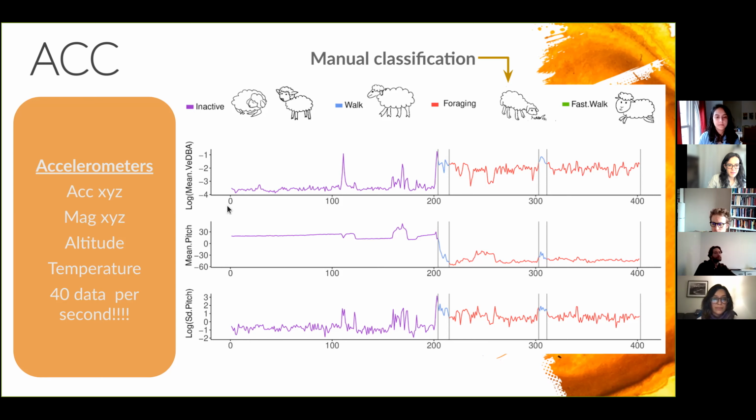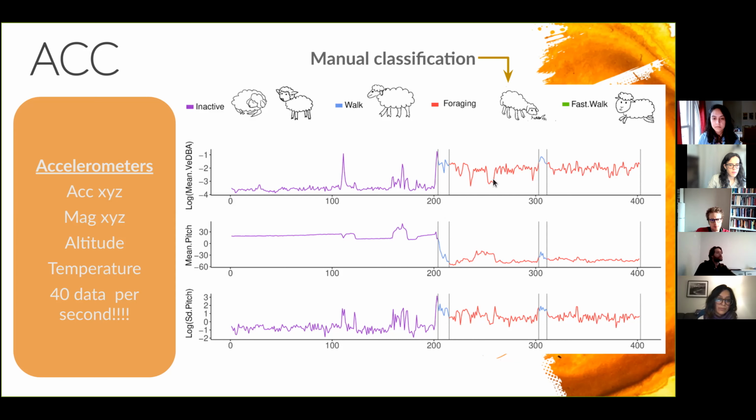So when the sheep is inactive, the mean VeDBA is low. It means that the energy use is low, and the mean pitch is constant. That's because the head of the sheep is quiet. And then we can see that the sheep starts walking, and then the VeDBA increases and the mean pitch decreases.